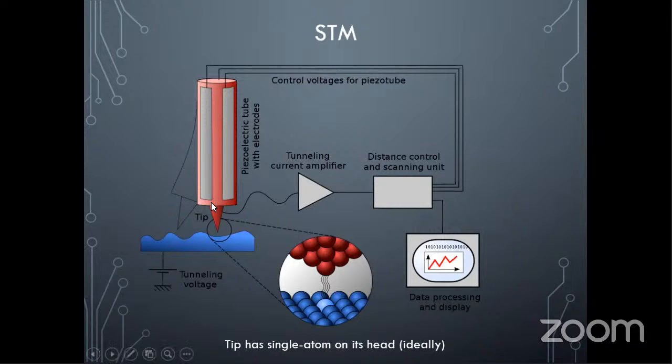The tip sits on a piezoelectric tube which is used to move the tip over the sample, and because of the tunneling there will be some amount of current through this circuit, and that current is amplified, and then that amplified current is used to tell the piezoelectric tube, as a feedback loop, to scan the surface of the sample.